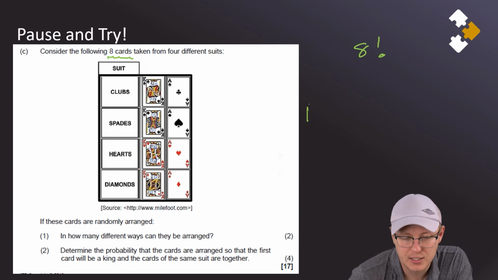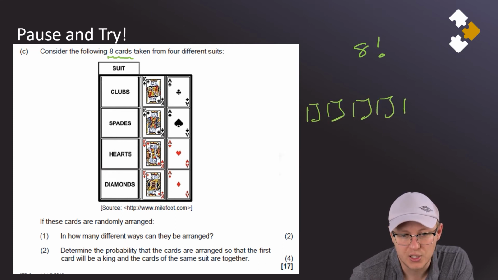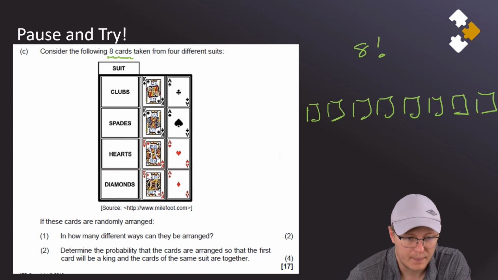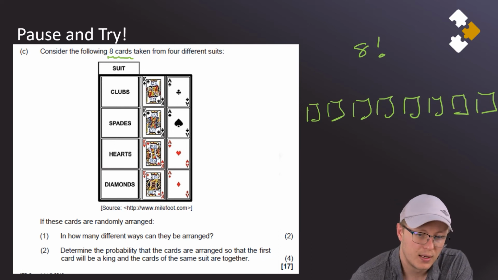Then we've got 8 places where this can be arranged. It's going to look something like that. We have to start with a king, and there are 4 of those.